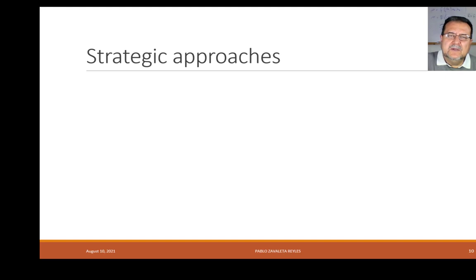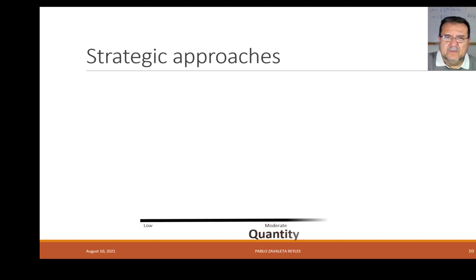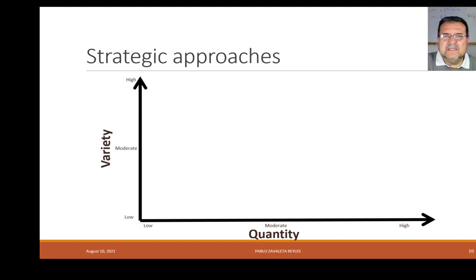Now, what are the strategic approaches that we have available? Well, if we start by creating a graph, in one axis we have quantity and in the other one we have variety. The first strategic approach is when we have process focus.